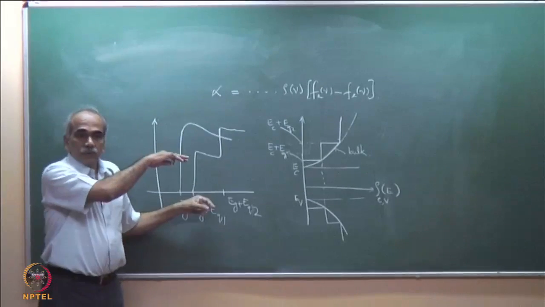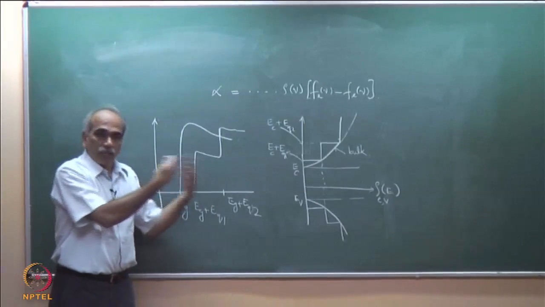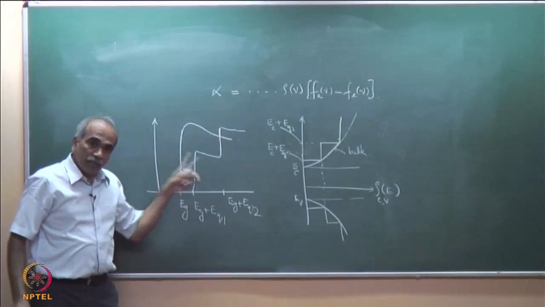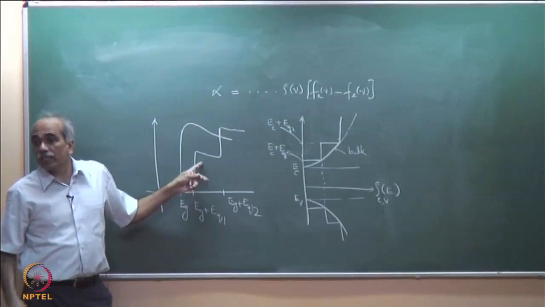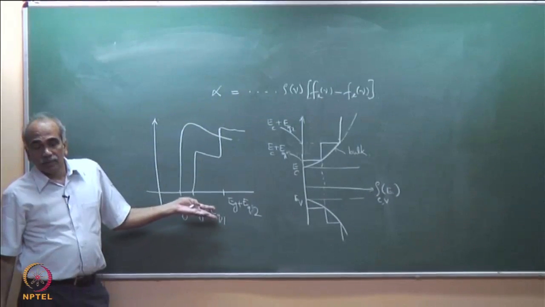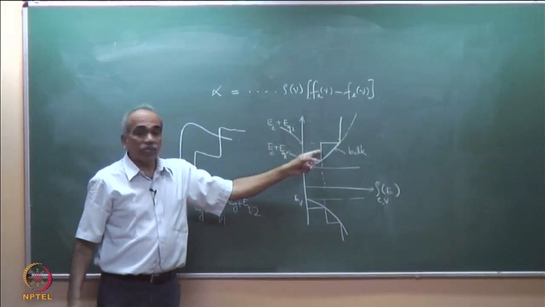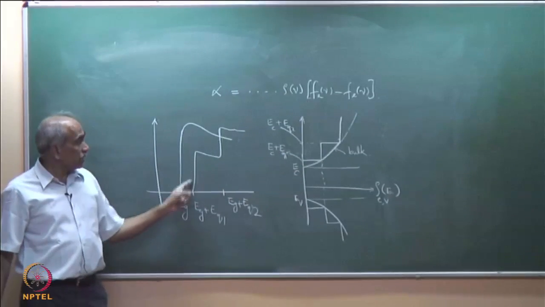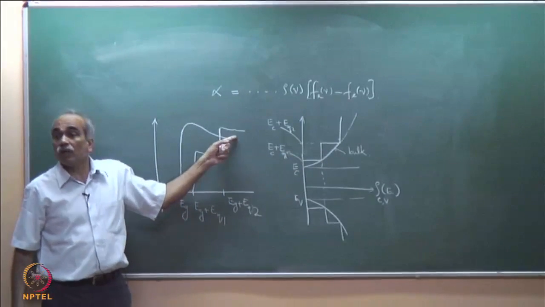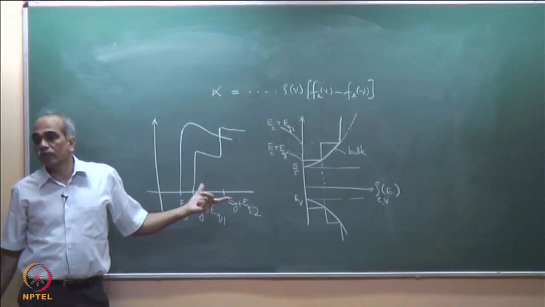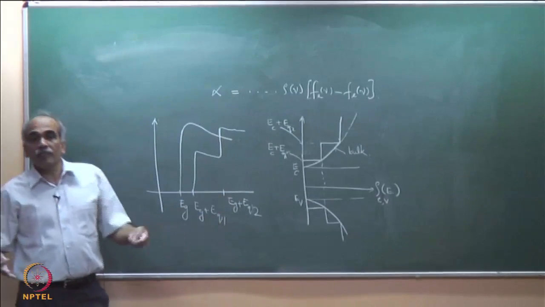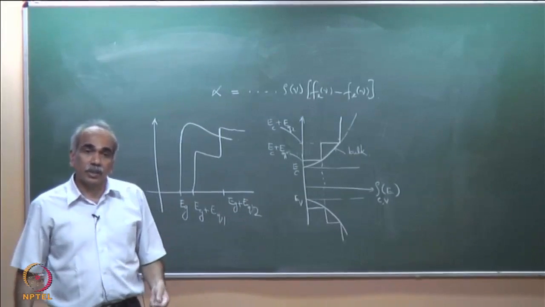And if you connect this to the last class, a step like variation in the gain coefficient as well. Therefore, it is the density of states which determines the absorption spectrum or gain spectrum of a semiconductor. That is why we spend so much time on density of states.